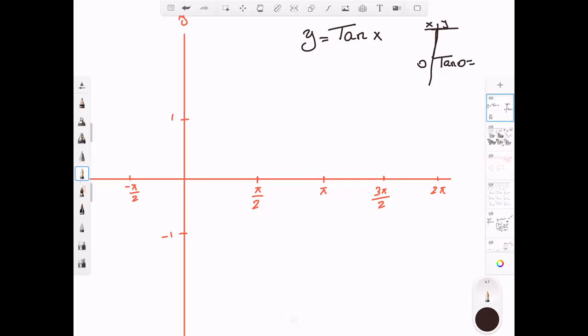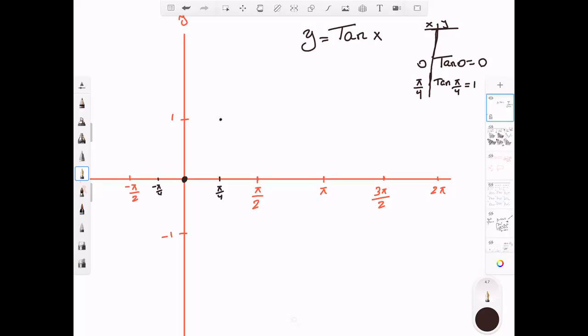Zero. Very confident. Very good. 0, 0. How do we know that? From the unit circle, from the table that you should have in your note sheet. What is tangent of pi over 4? One.